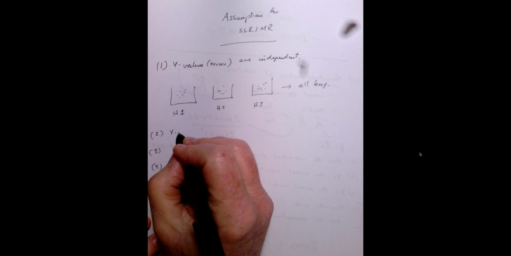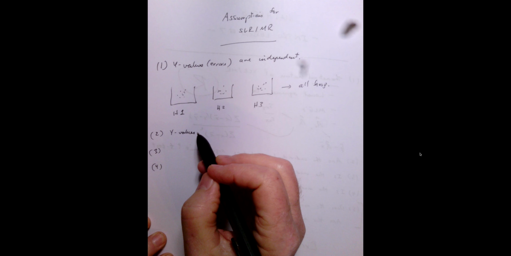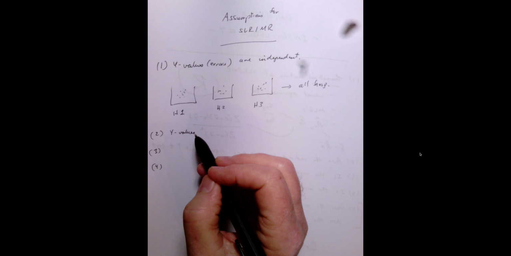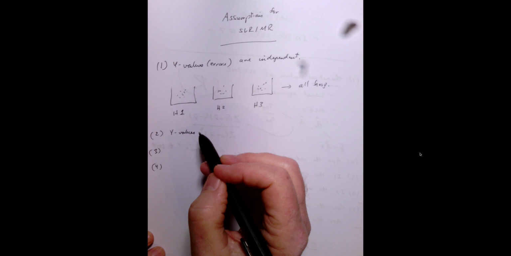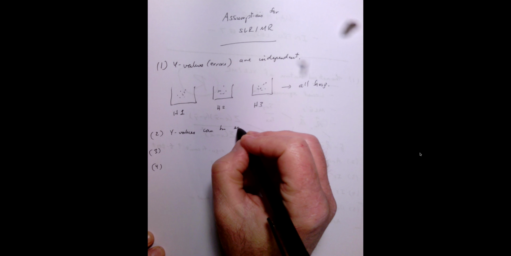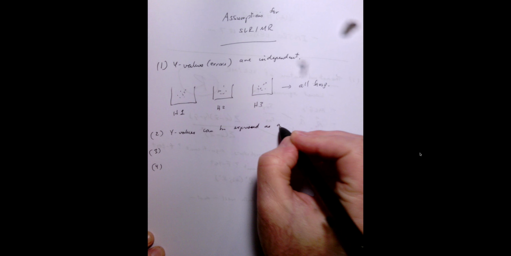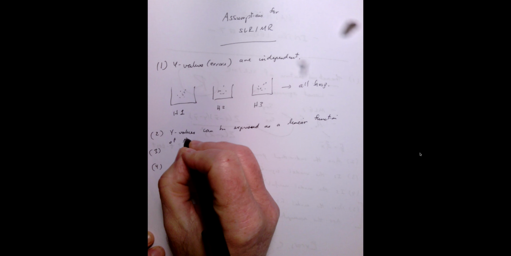All right, so the first thing we want where we actually conduct a diagnostic, in this case using R, is that our y values can be expressed as a linear function of the x values.